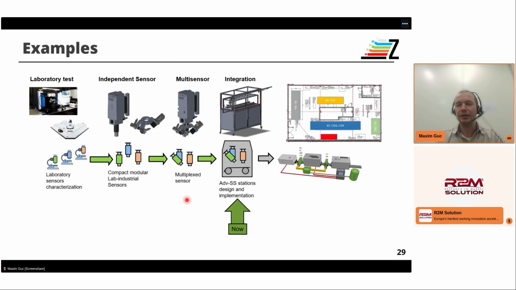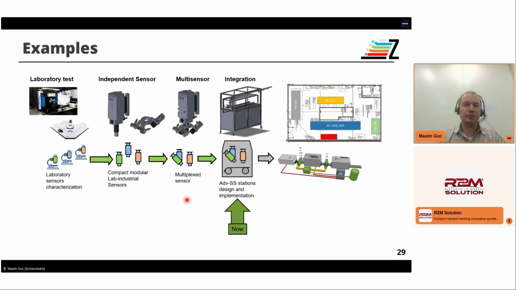And the next step for us will be to install this advanced sensor station directly inside the production lines, to implement it and to see the effect of our sensors on the production process directly.